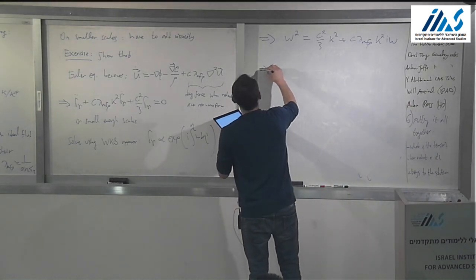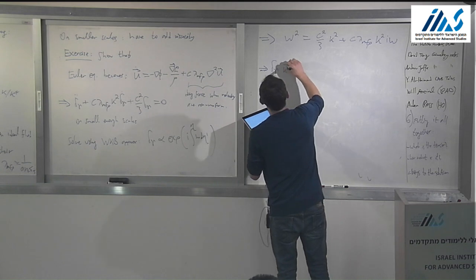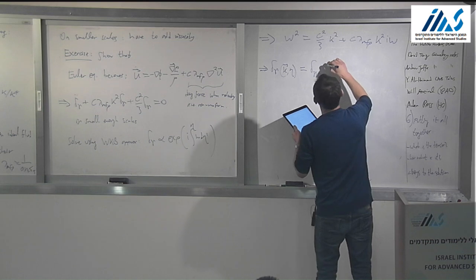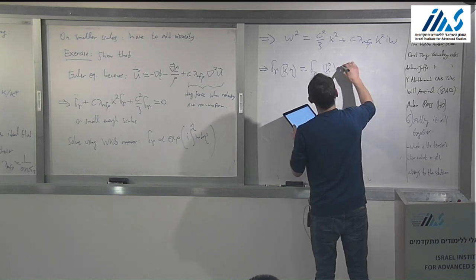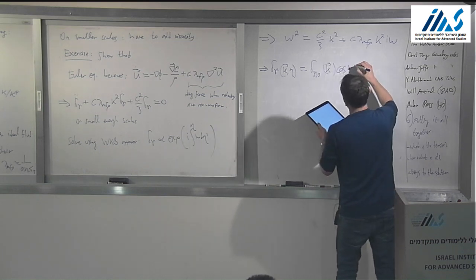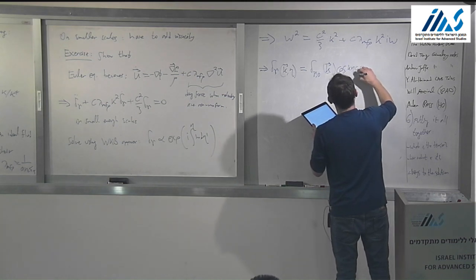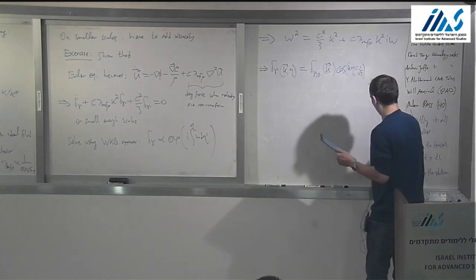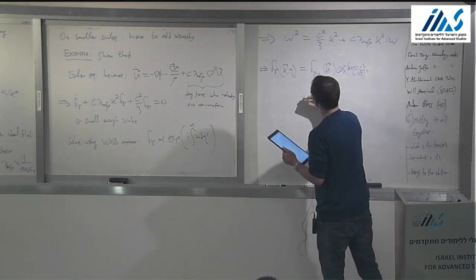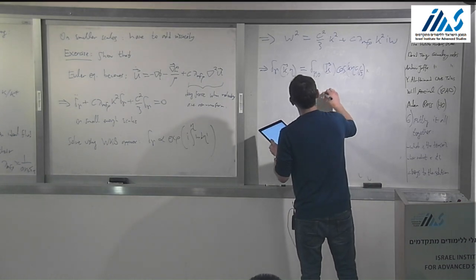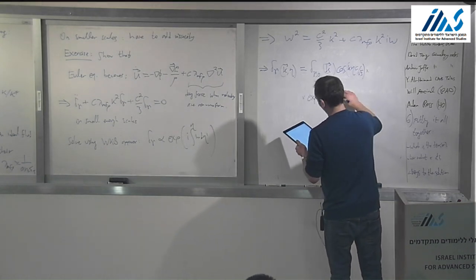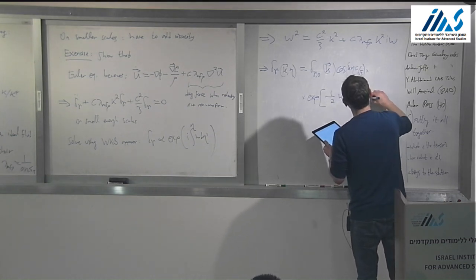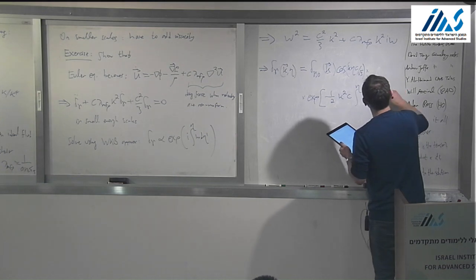And so the solution now is multiplied by the exponent of minus 1/2 k squared times the integral of c lambda mean free path d eta.